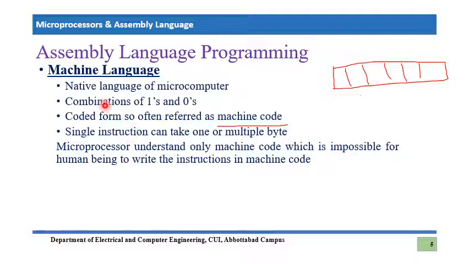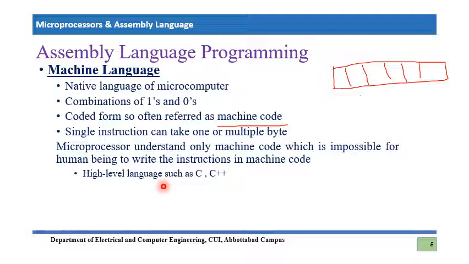We know that machine language is nothing but a combination of ones and zeros. So humanly it's quite impossible to write machine language instructions for a microprocessor. We need someone who performs an intermediary role between the human being and the microprocessor. For example, we know that there are some high level languages, for example C or C++. In C or C++ or other high level languages, why are they called high level?